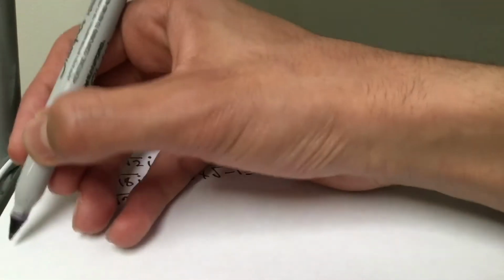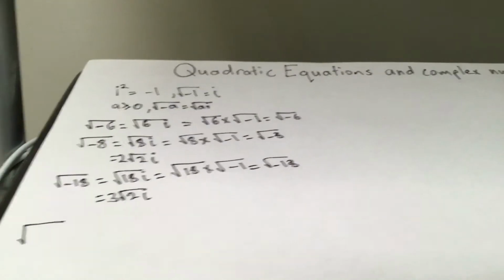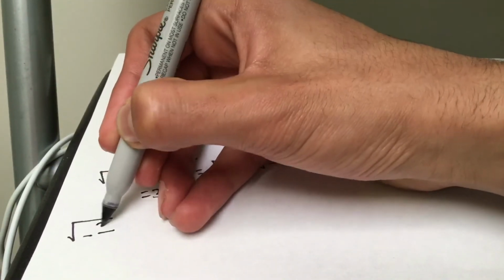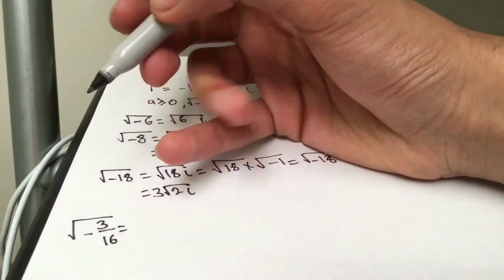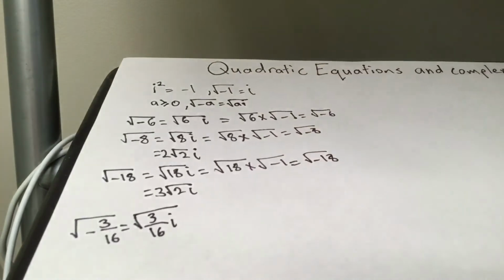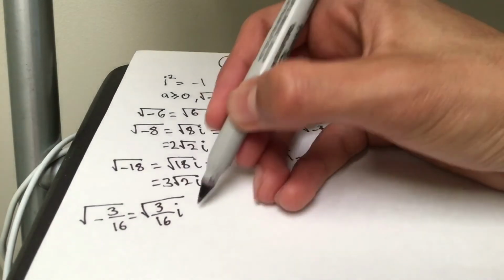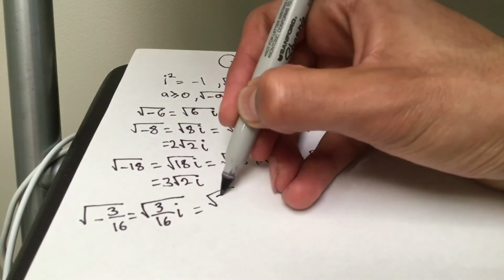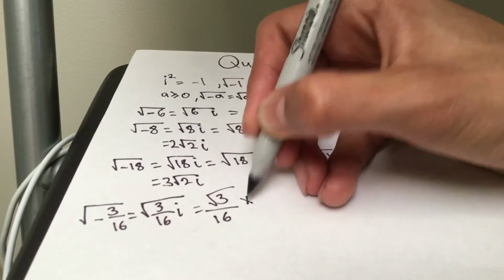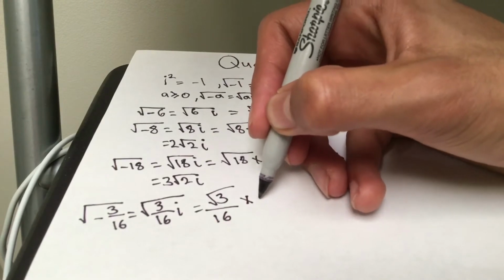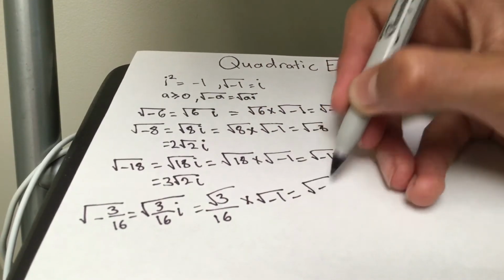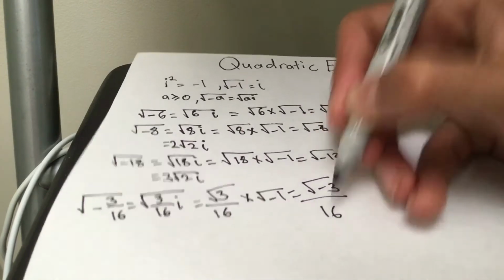Now let's move on to a fraction: the square root of -3/16. We're going to write it as the square root of 3/16 i, because I did the square root of 3/16 times the square root of -1, which gives us the square root of -3/16.